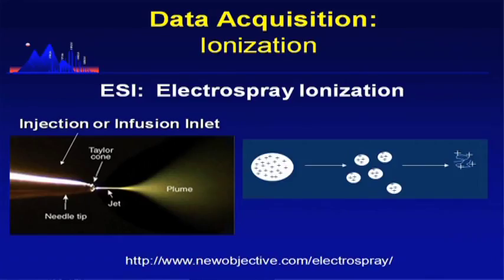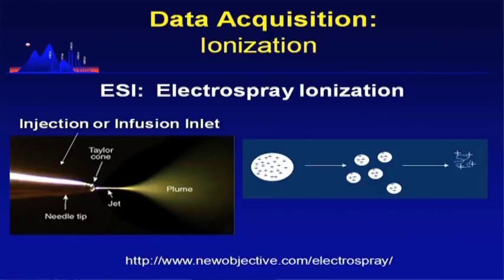What happens here is that you apply a voltage to this tip, so that as the fluid comes out of this charged tip, you get this plume of charged solvated sample molecules. This plume of droplets then goes through a region of drying gas, and the solvent starts to evaporate.